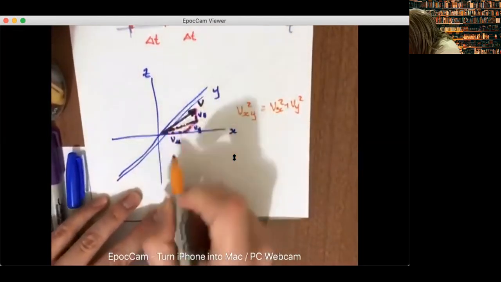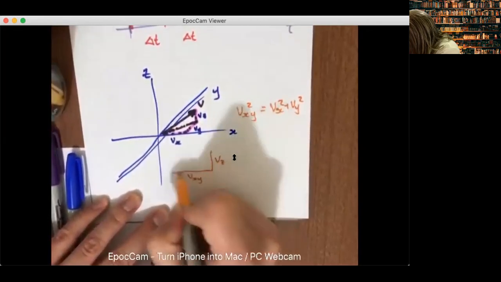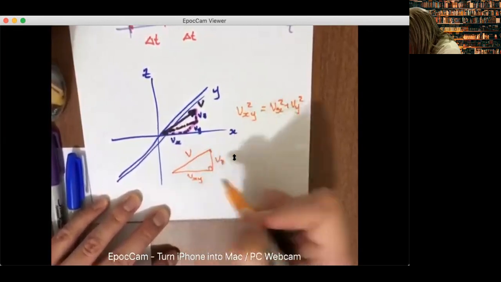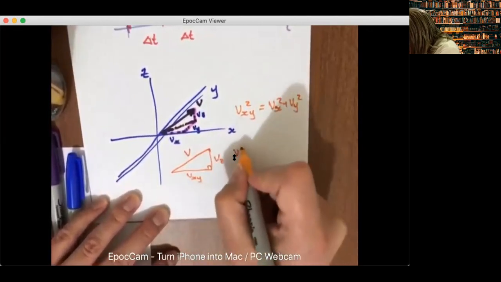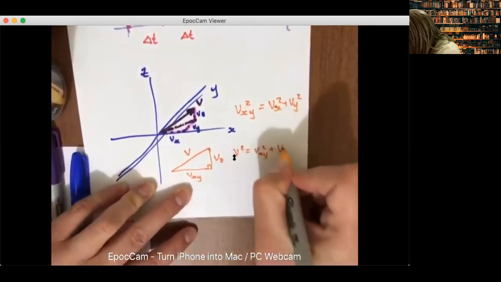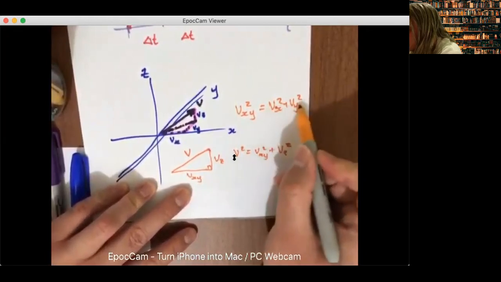Now we've got this triangle that's Vxy along the bottom, Vz up, and the actual V that we're looking for is the hypotenuse. So V squared is equal to Vxy squared plus Vz squared, but of course Vxy squared is just equal to Vx squared plus Vy squared.